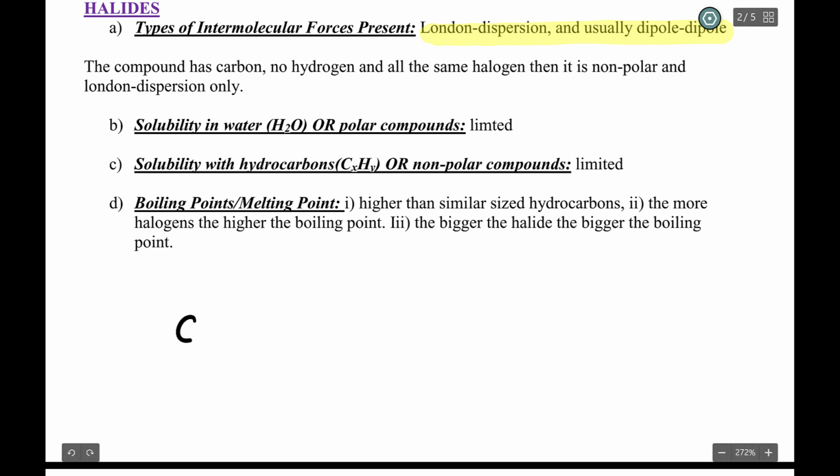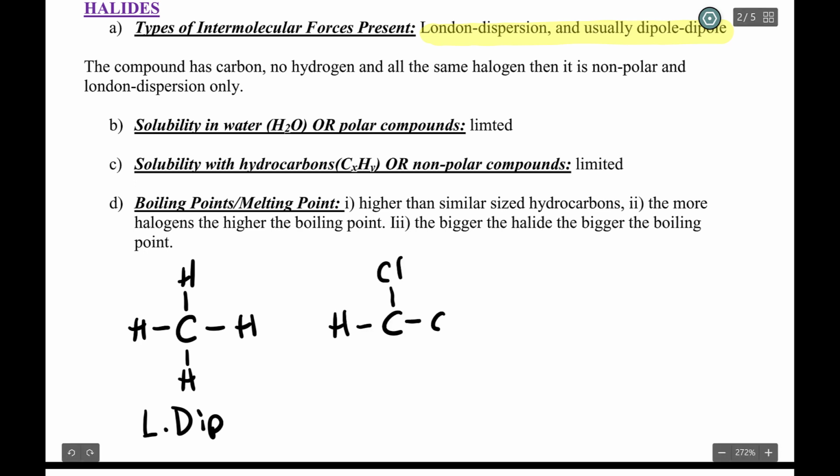So if I was to do something like this, here's methane. We know that this is London dispersion only. This would have a way lower boiling point than if I had a chloromethane. Okay, let's do dichloromethane. So this is going to be London dispersion as well as dipole-dipole.